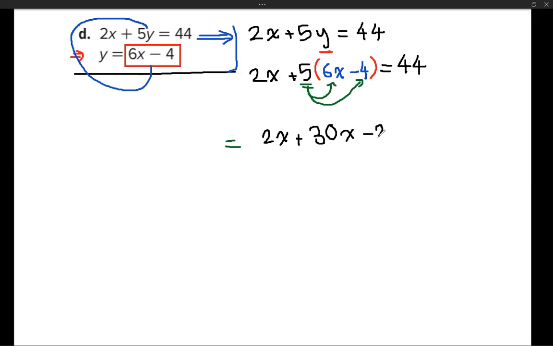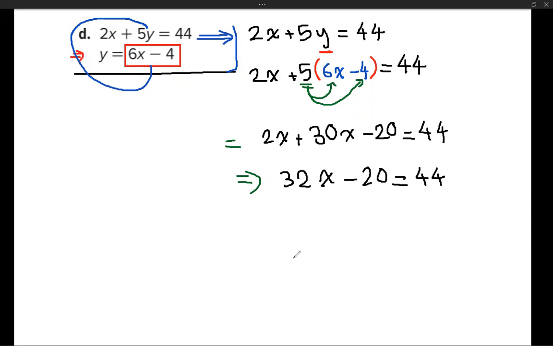It's negative 20, equals 44. Okay, here we have the same variable, 2x and 30x. Two boxes and 30 boxes. What does the addition of them together give you? It gives you 32 times x minus 20 equals 44.